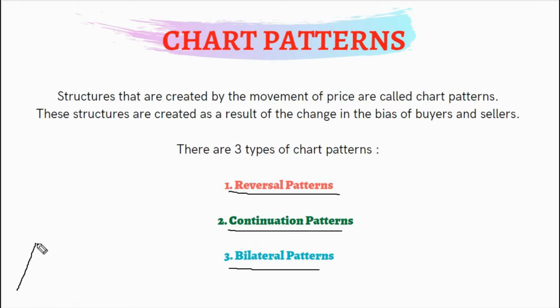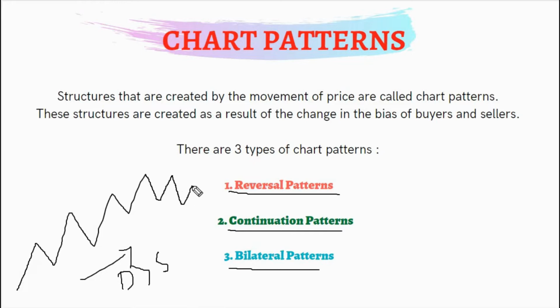Suppose prices were going up continuously towards the upside, so we can say that prices are in a very strong uptrend and demand is overcoming supply very aggressively. Then somehow the bias of the market participants changes, and then prices start to form a lower high, lower low structure.